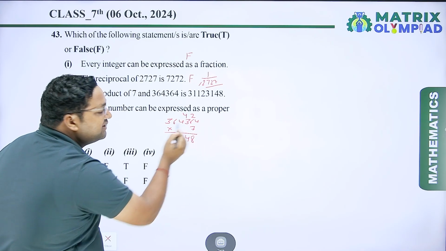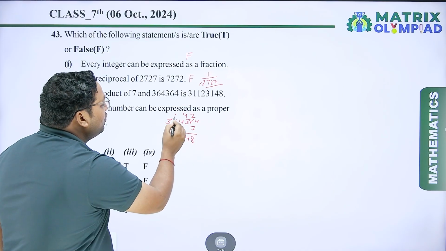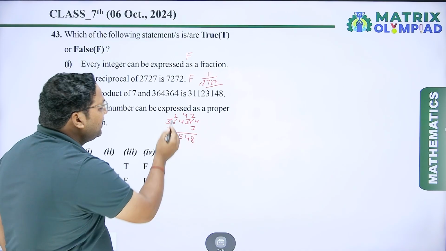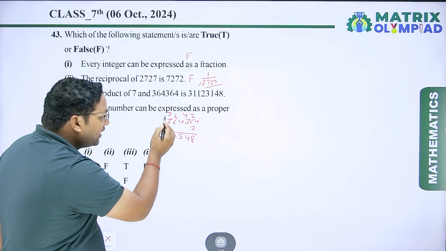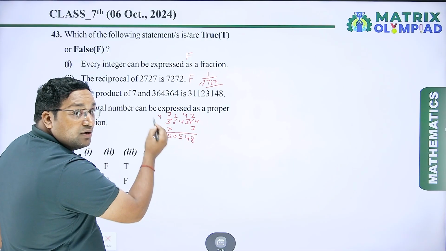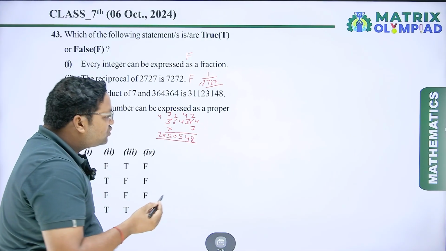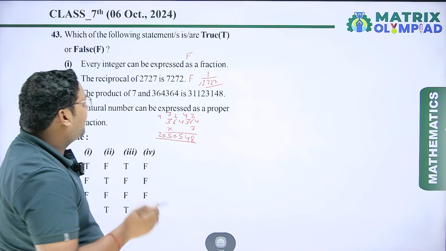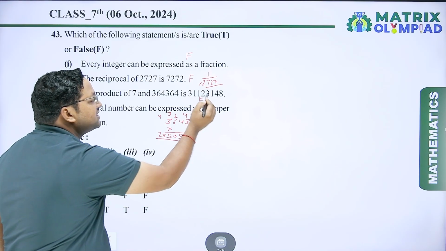Carry 4. 7 3s are 21. 21 plus 4 is 25. So the correct number is 2548, but it is given 3112348. So it is a false statement.